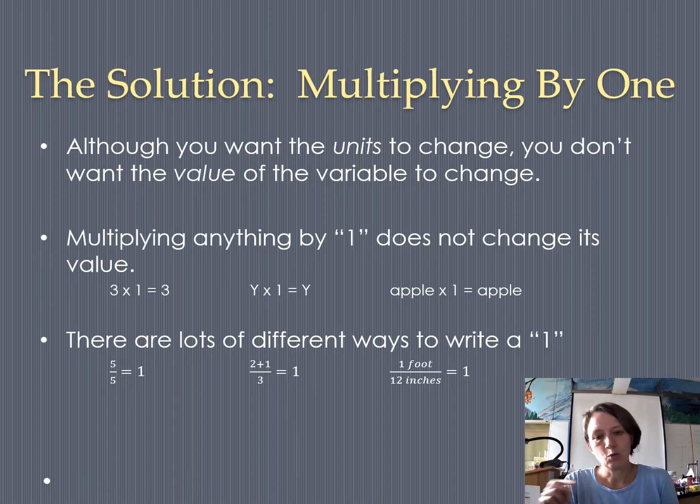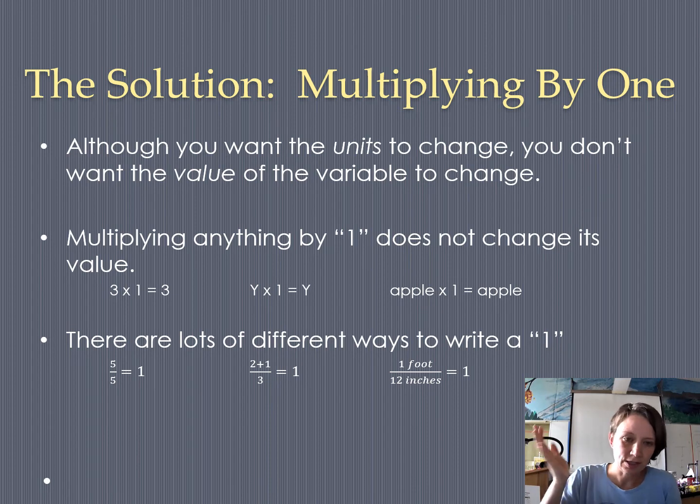So we might write 1 foot over 12 inches. And that equals 1 also, because anytime the top of a fraction and the bottom of the fraction are the same or equivalent to each other, that makes the entire fraction 1. So 5 is the same as 5, 2 plus 1 is the same as 3, 1 foot is the same as 12 inches, therefore 1 foot over 12 inches is also equal to 1.